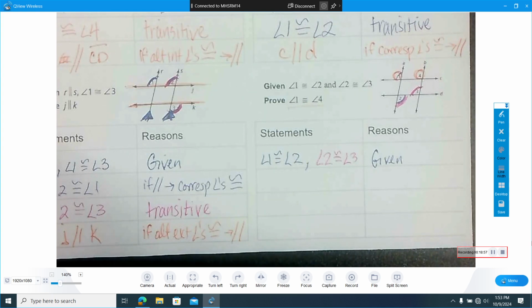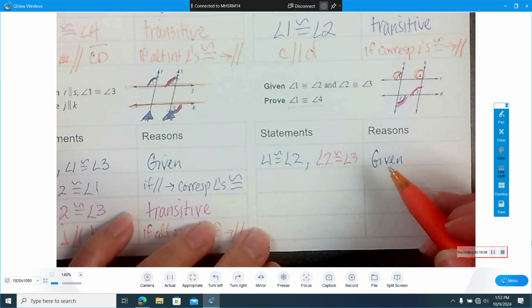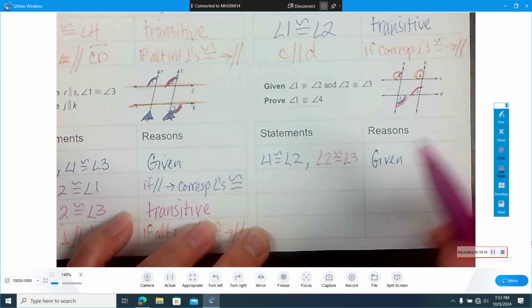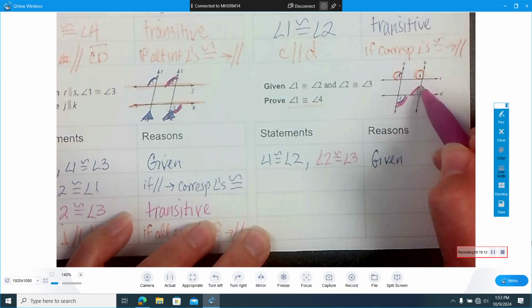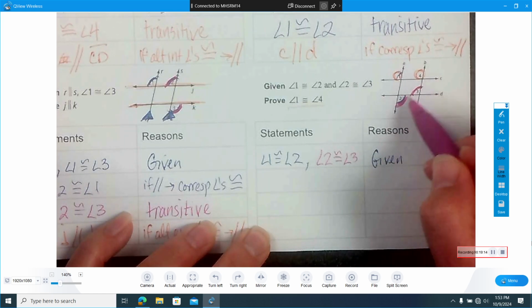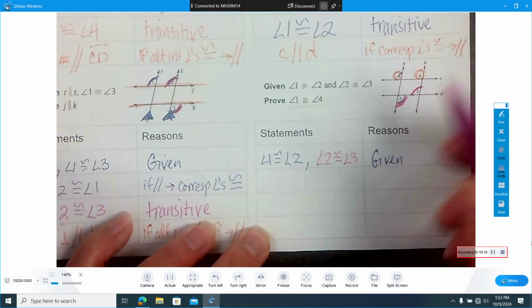If A and B are parallel, then we would know that 1 and 4 are congruent because they're corresponding. So I want to get some parallel lines. I know angle 2 and angle 3 are congruent. Would that give me some parallel lines? Yeah.